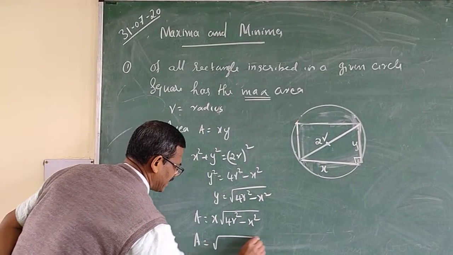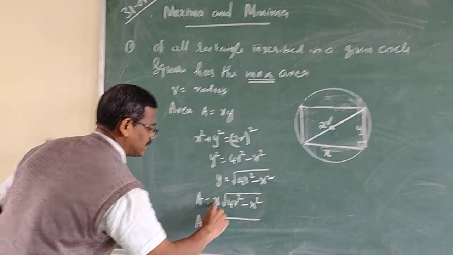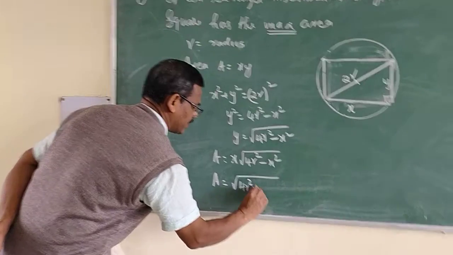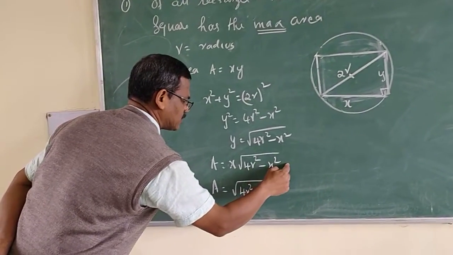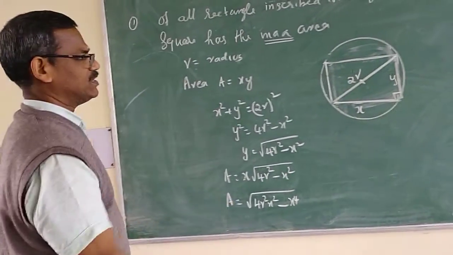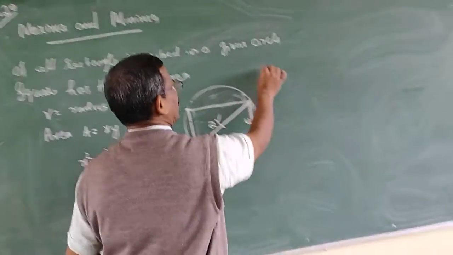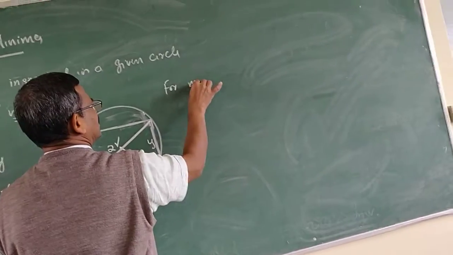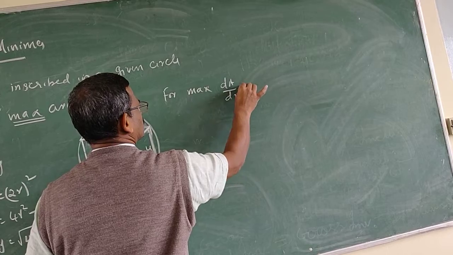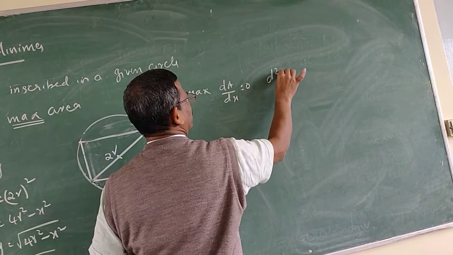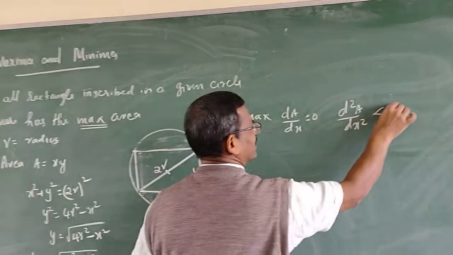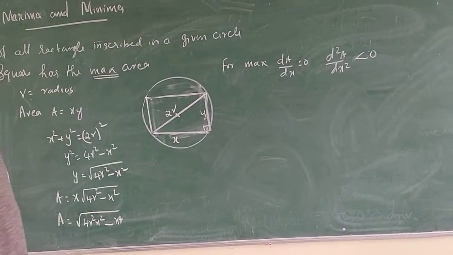When you take this x inside the root, it becomes x square, so 4r square x square minus x raised to 4. So it will become easy for us to differentiate. Now for maxima, dA by dx is equal to 0 and d square A by dx square is negative. That is what we have to show.